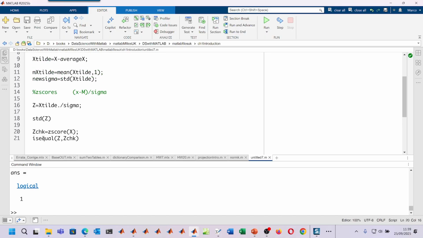Sometimes you have to check that they are equal up to 10 to the minus 14. This is the issue, right? So it is always a bad idea to check the equality of doubles because they have a huge number of decimal digits.